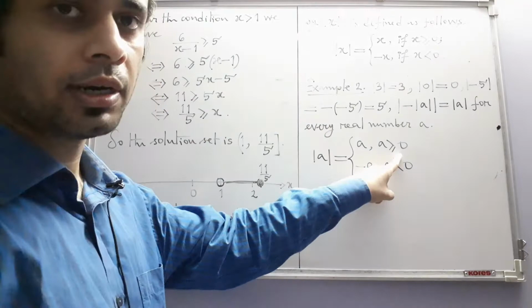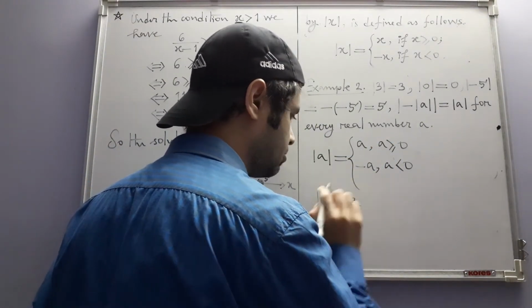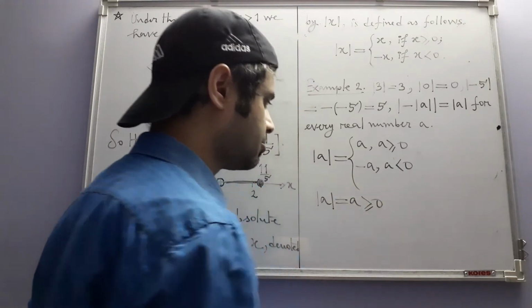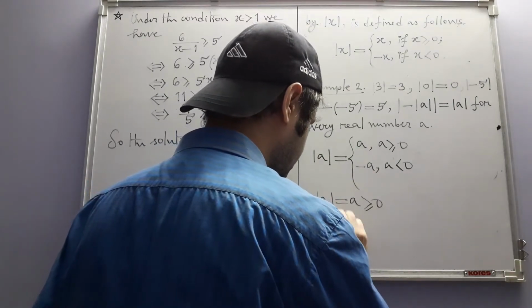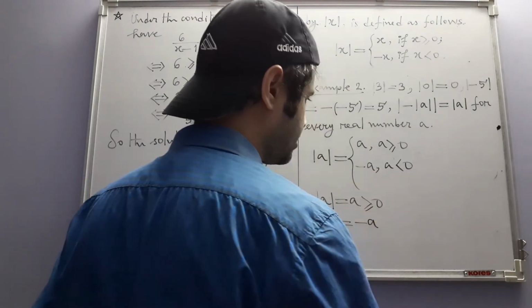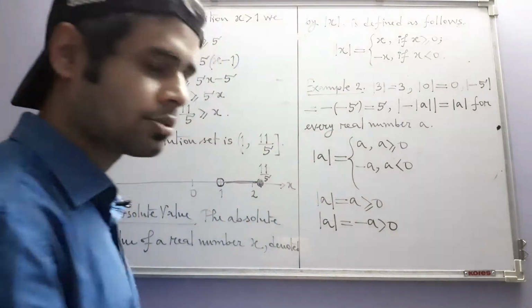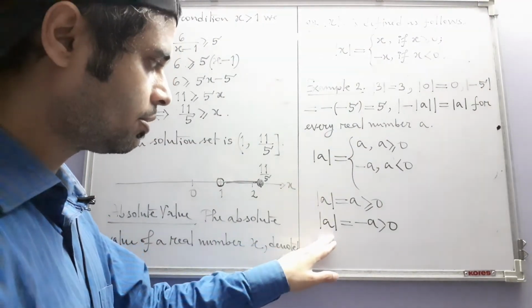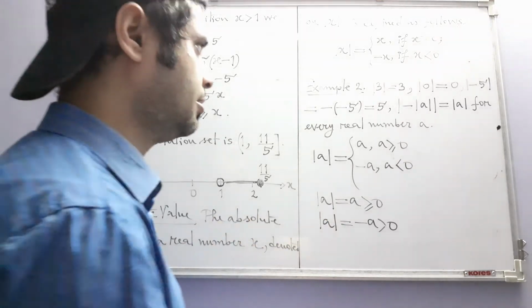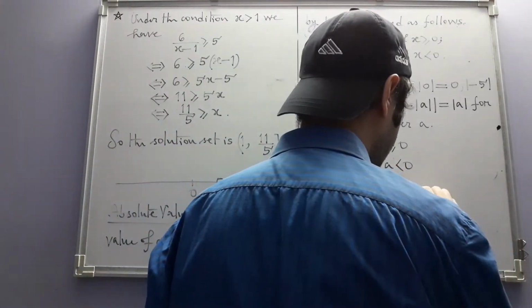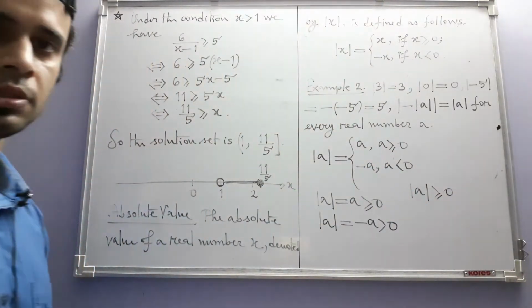So if a is greater than or equal to 0, then this is equal to a, so this is greater than or equal to 0. And if a is less than 0, then this is equal to minus a. But since a is less than 0, minus a is greater than 0. So in any case, the absolute value of a real number is always greater than or equal to 0. It is never negative. So that means this is a real number that is greater than or equal to 0.